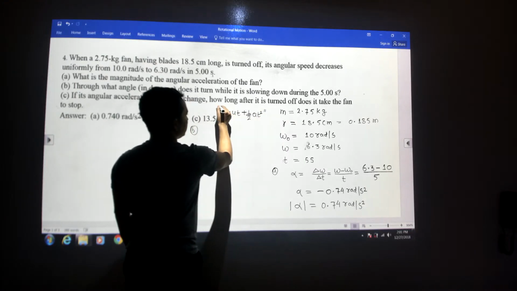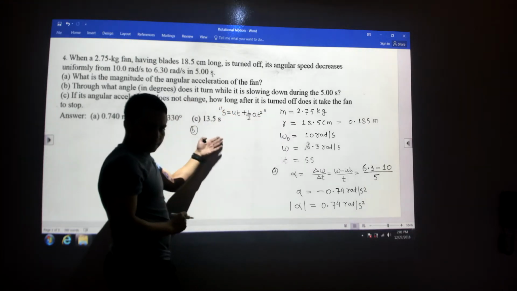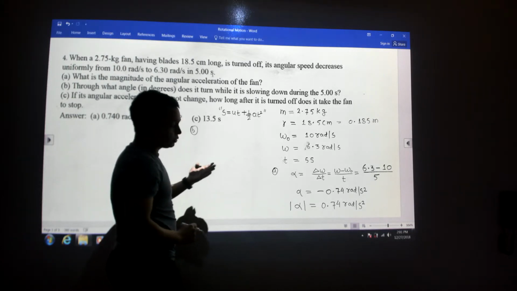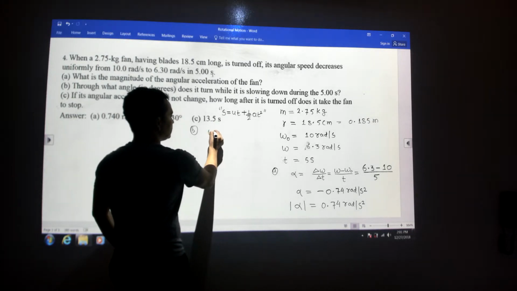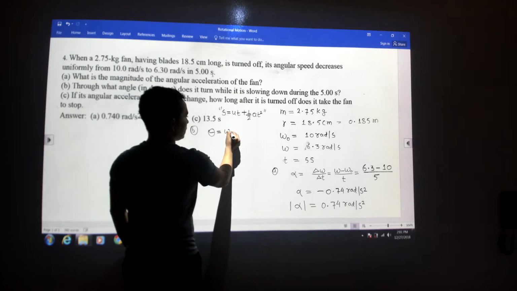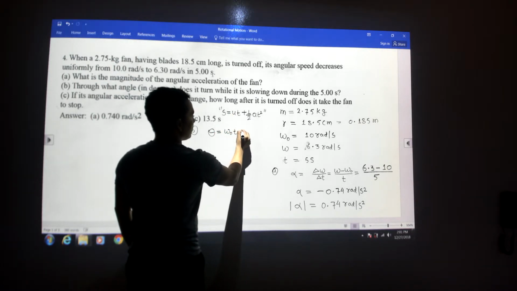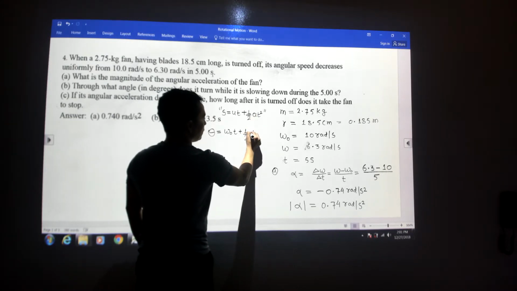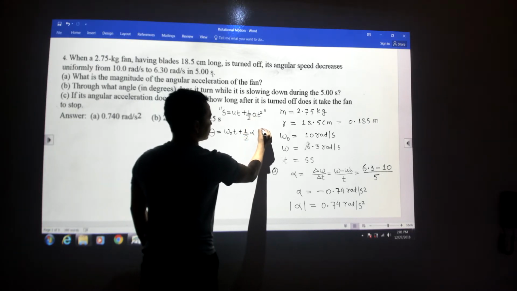This is in linear motion. The same thing, if we want to get into the rotational motion, s is equal to theta, u is the initial angular velocity times the time, plus half, a is equal to alpha, times the time squared.